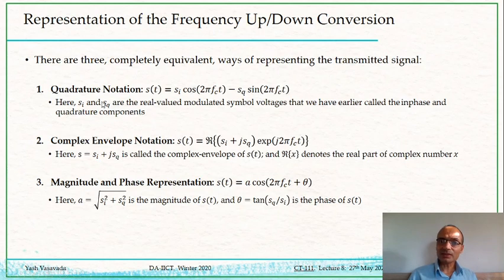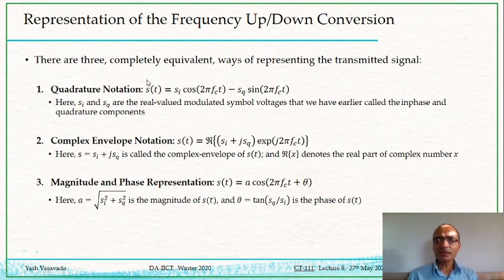Remember all the constellation diagrams that we had looked at? First of all, for BPSK, SQ is always 0. Even for OOK, SQ is always 0. So BPSK is just SI times cosine of 2 pi fc t. Starting from QPSK, 8PSK, 16 QAM, etc., SI and SQ both become non-zero, and what their exact values are is what we would look up from the constellation diagrams of the transmitted symbols.